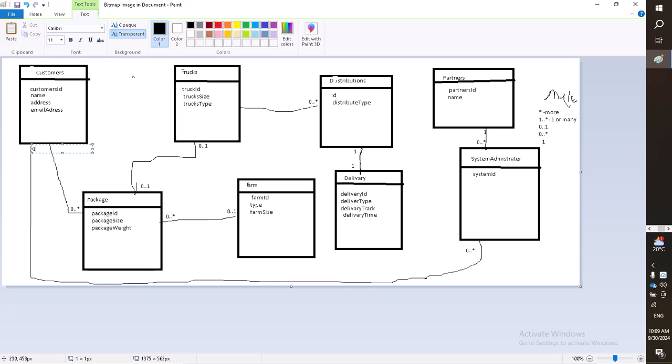And also the package will be received by a customer. It might happen the customer does not receive the package at all, or many times. So this is how I will draw my domain class diagram.